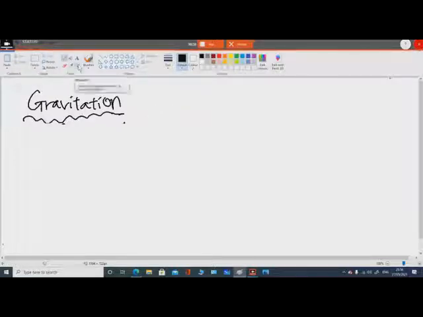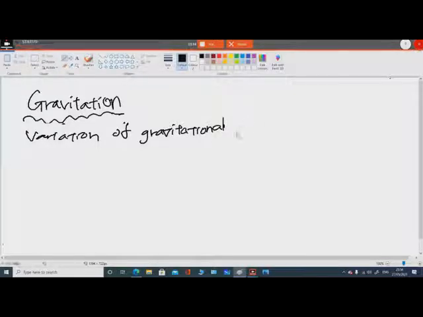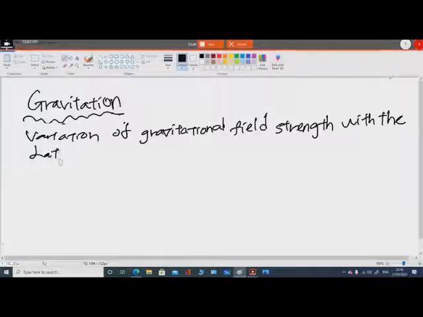What about the variation of gravitational field strength with the latitude? So this is the latitude.